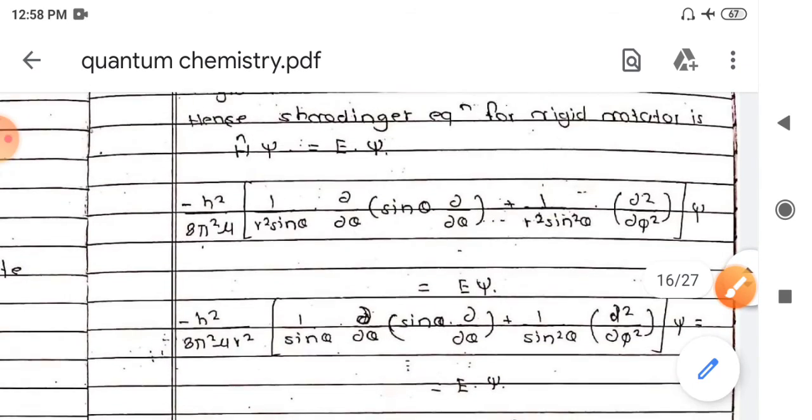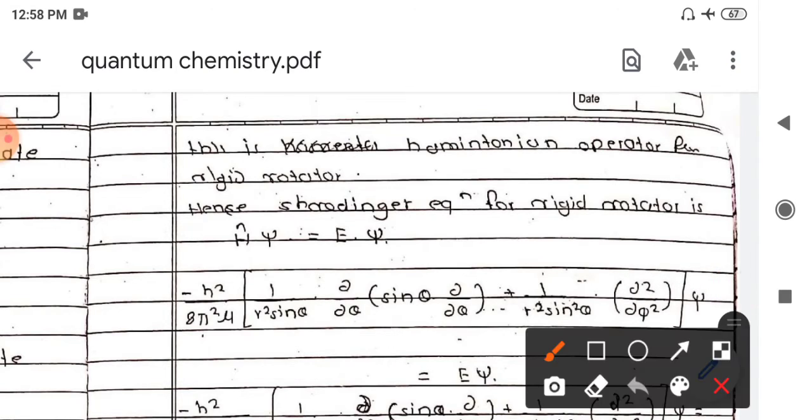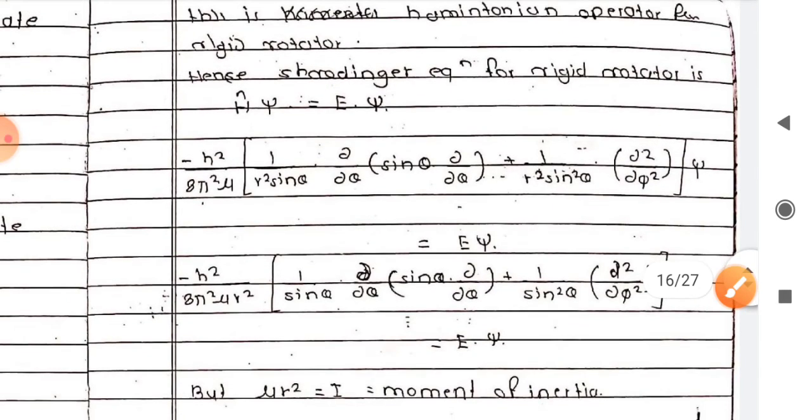This Hamiltonian operator can be used for obtaining the Schrodinger wave equation for the rigid rotor. And what is the wave equation? That is H psi equals E psi. So what is H?